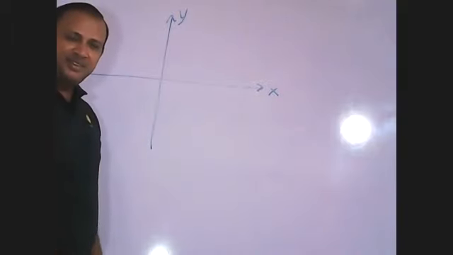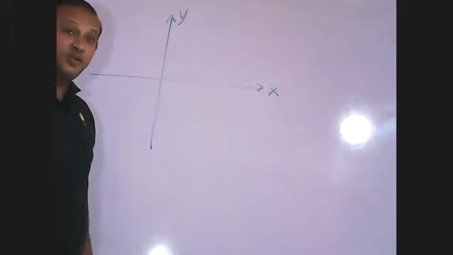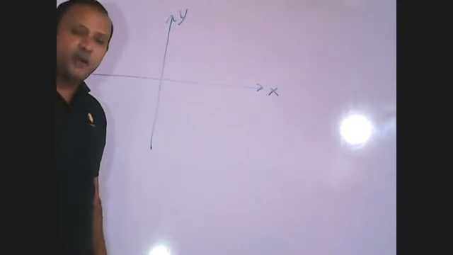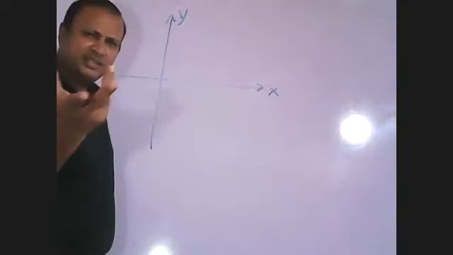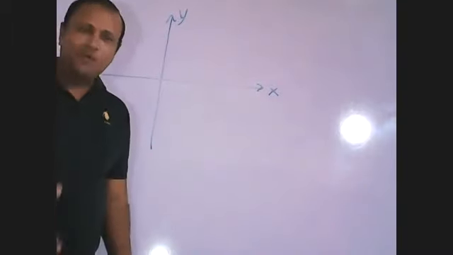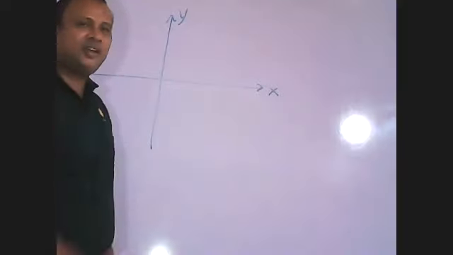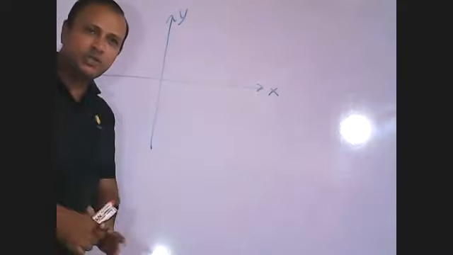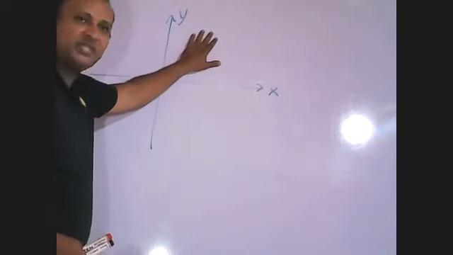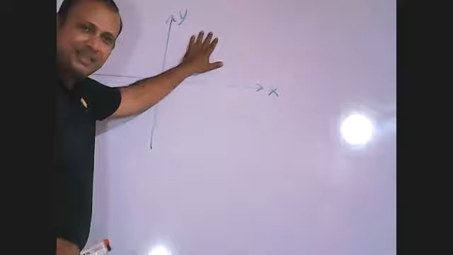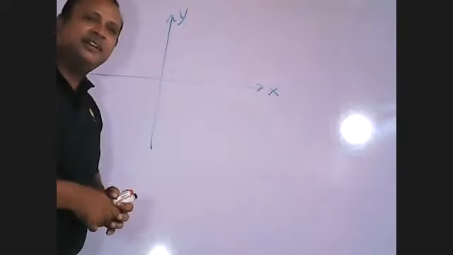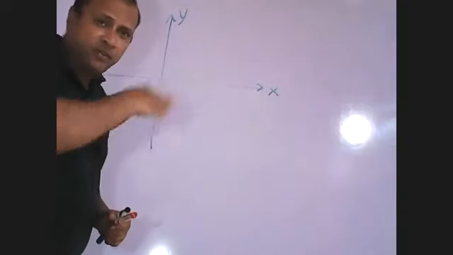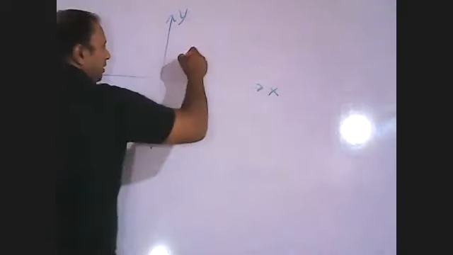What is this? We have to choose the right chamber, the location. Then we decide the shape. If you know both things, then you can draw the graph. Suppose you know the graph is on the first quadrant and the shape is a straight line which is 45 degrees with the x-axis.